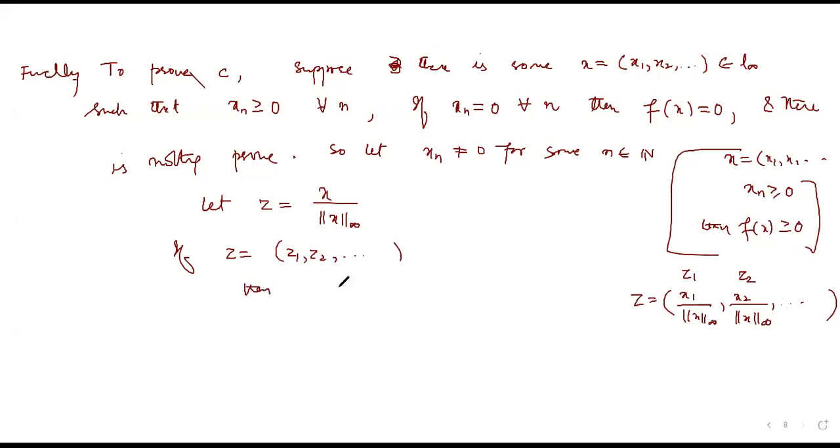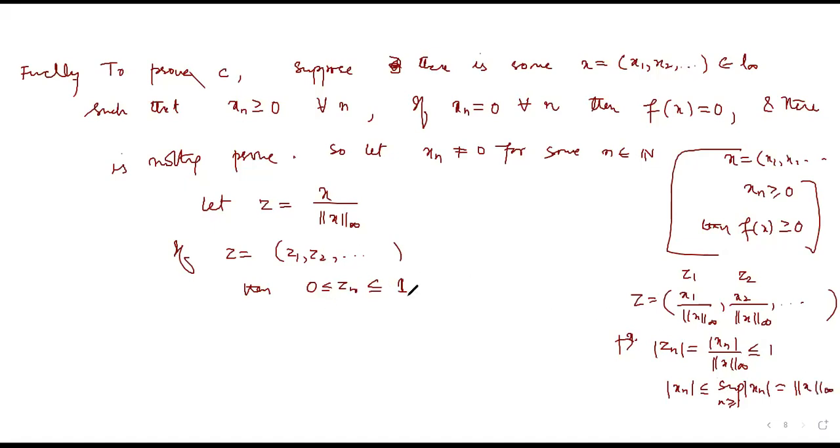then I know that ये जो Zn होगा ये नॉन नेगेटिव होगा क्योंकि x के सारे नॉन नेगेटिव है, बट ये लेस देन इक्वल टू 1 भी होगा क्योंकि, चलो मैं ऐसे लिखता हूँ, Zn इज इक्वल टू |xn| divided by norm x infinity. Of course this is less than or equal to 1 because xn is less than or equal to supremum over n greater than or equal to 1 of |xn|, which is the same thing as norm x infinity.